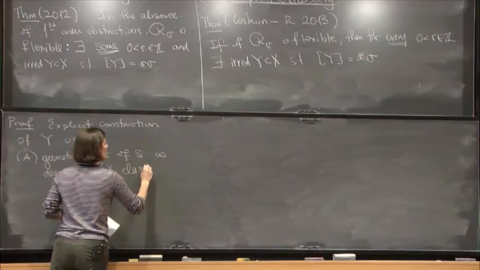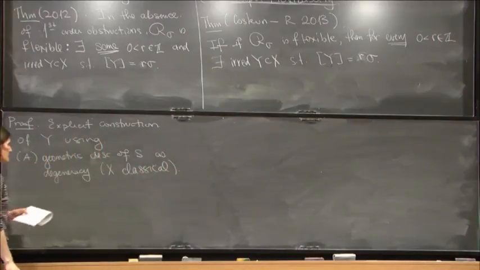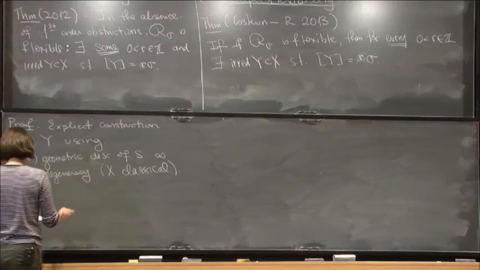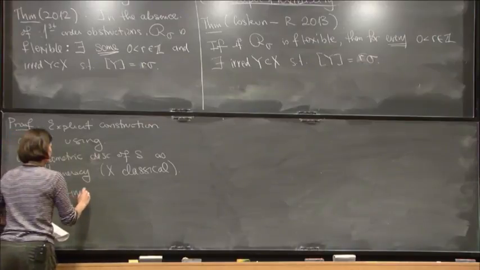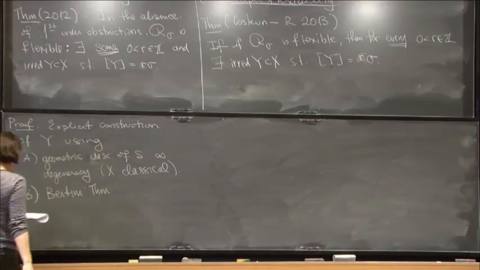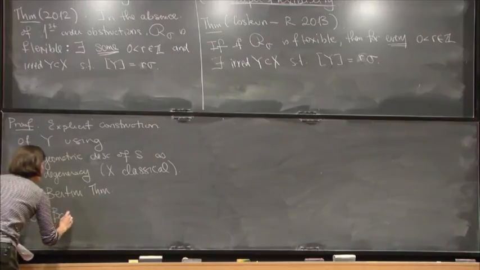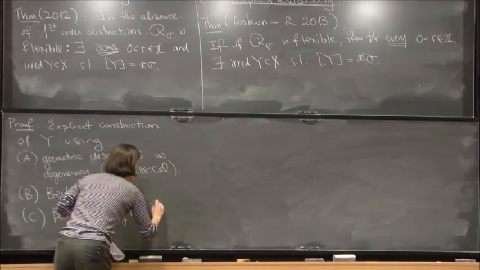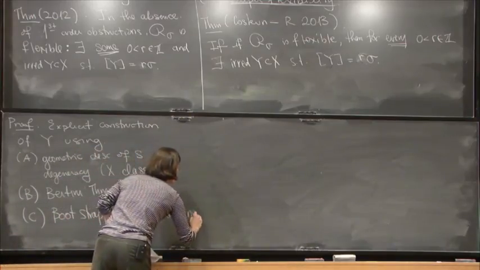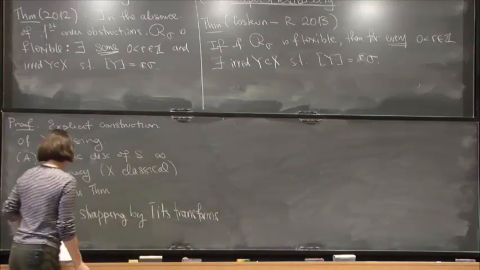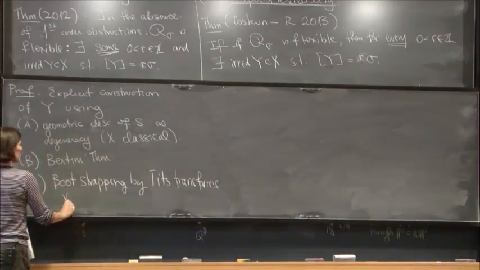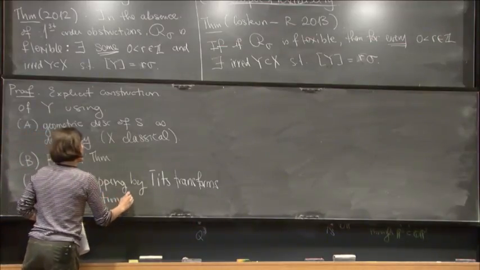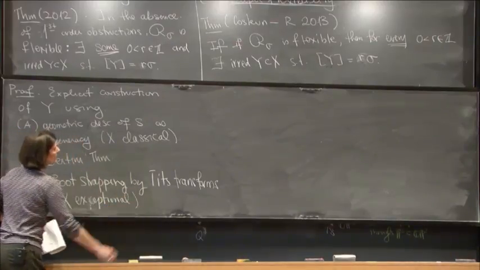And this will work for many of the Schubert classes in the classical series. And then a Bertini theorem type argument. And then finally, bootstrapping by Tits transforms, which will help us handle the case that X is exceptional: the Cayley plane and the Freudenthal variety.